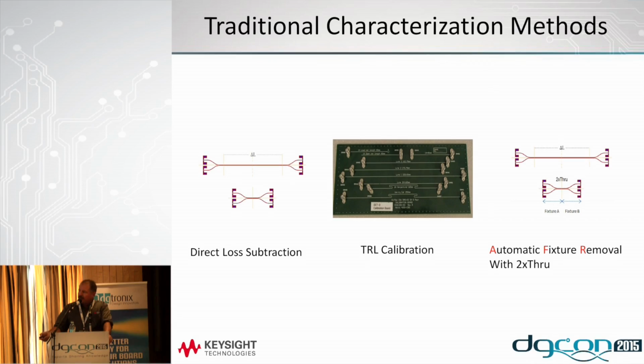So what are some of the traditional methods that have been used in the past 10 or 20 years? Well, the first, direct loss subtraction. This is one type of methodology where you have a device, for example, like this, where you have a differential transmission line of length L that seems to be well balanced, and you have some type of launch on either side that we might call the test fixture, input and output test fixture.